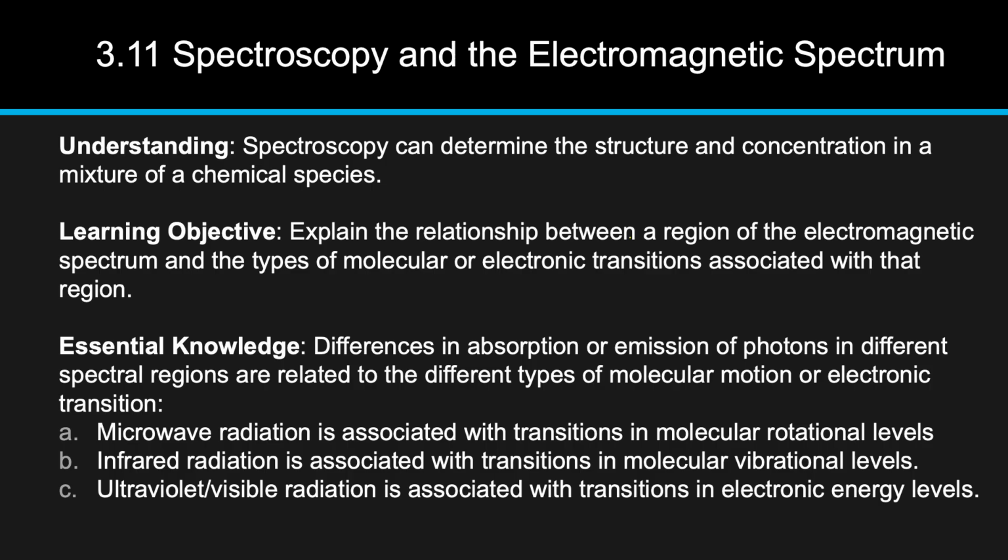Infrared radiation has higher energy and corresponds to molecular vibrational transitions like stretching and bending bonds. And UV or visible radiation carry even more energy, and they are connected to electronic transitions where electrons move between energy levels. So spectroscopy works by shining different types of radiation on matter and then studying how the molecules respond.